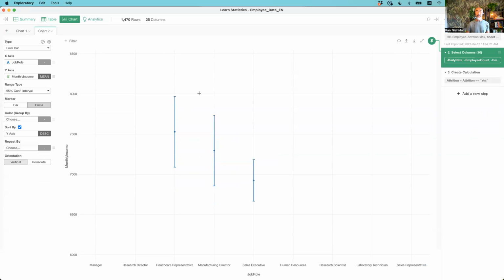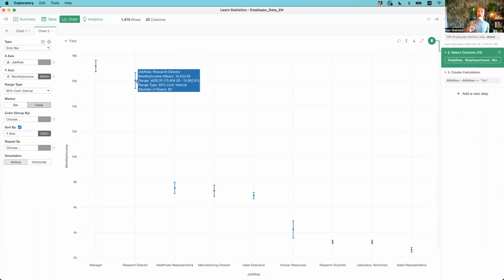So the key here, I'm not going to go into the detail, but I'm going to double click to go back. Basically this line is telling me that we don't know the true mean, but there's a 95% chance that the true mean resides somewhere in this range. So if the lines are overlapping, it's not significant.